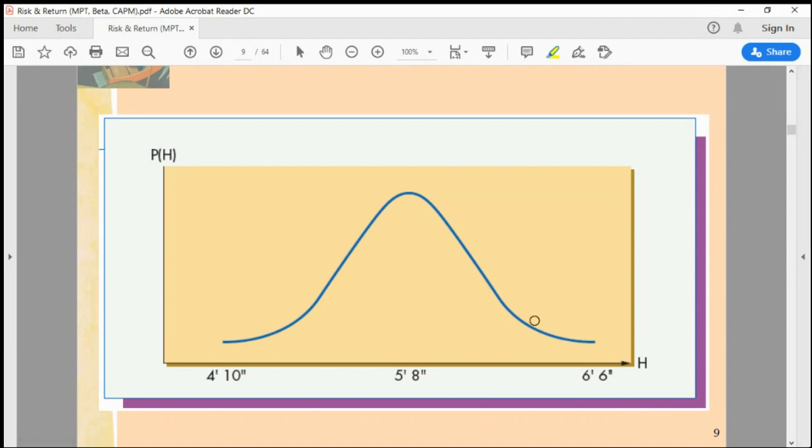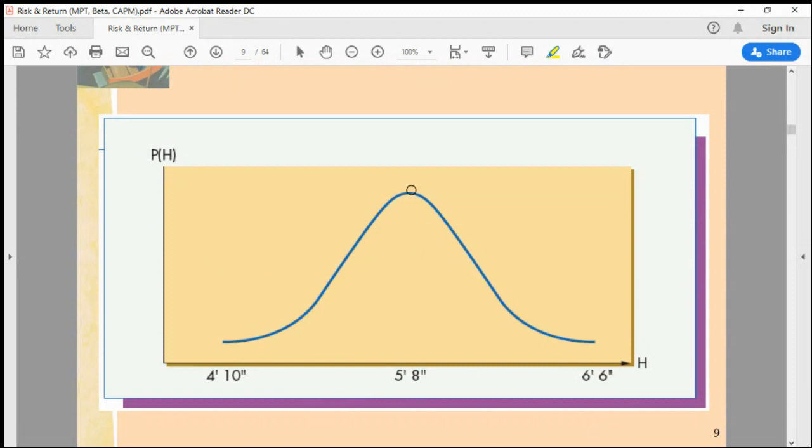Careening to the right is getting a higher return than the expected mean. Careening to the left is getting a lower return. Either way, higher return or lower return than the expected return, they are both risk, right? Hence, that's why it's called risk.